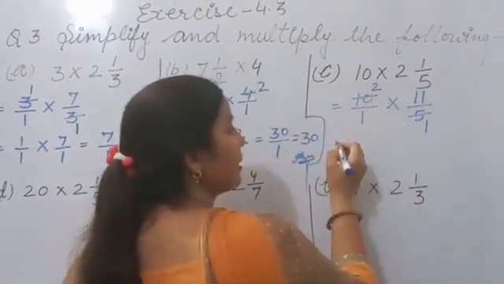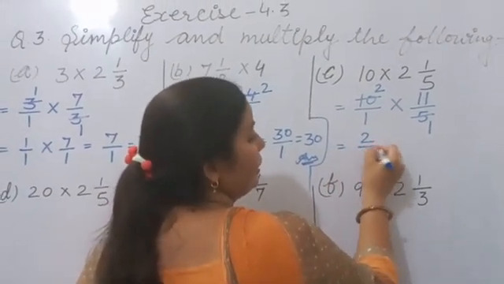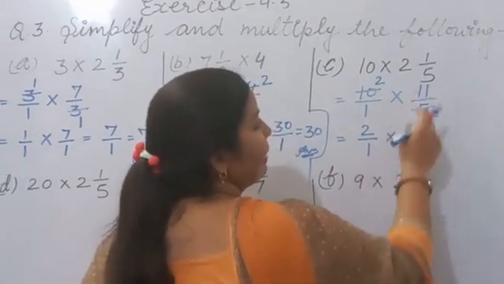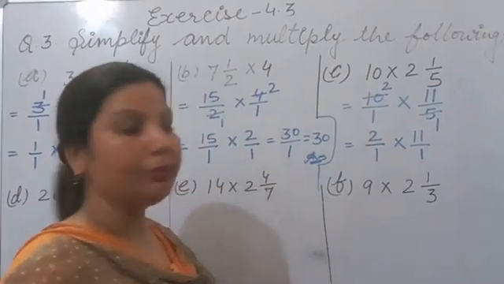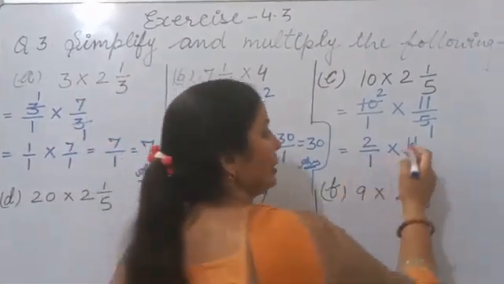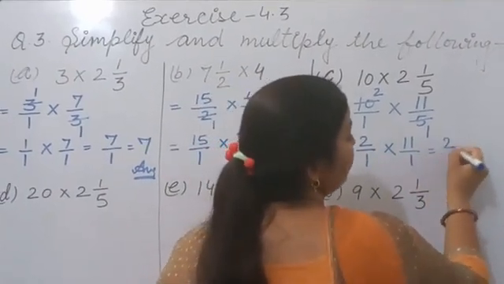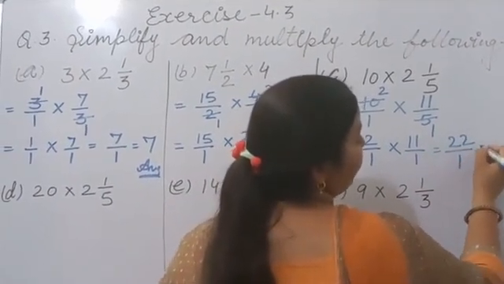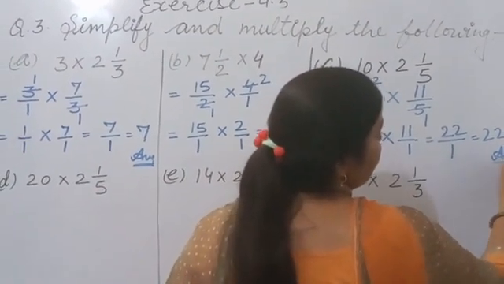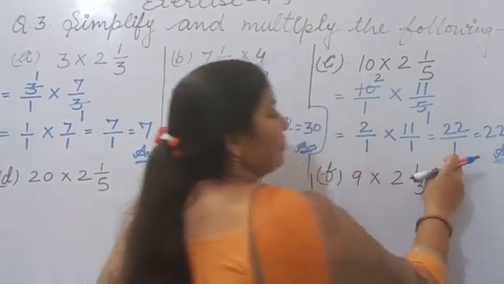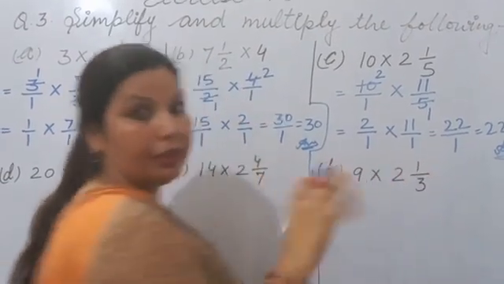Now what is left from here? 2 upon 1 multiply by 11 upon 1. Now numerator multiply by numerator and denominator multiply by denominator. 11 twos are 22 upon 1 ones are 1. That equals 22. That's your answer. Okay, because whenever the denominator is 1, that means we can write the whole number.